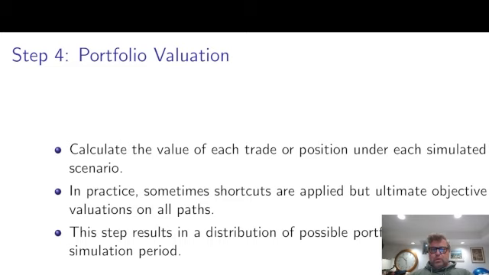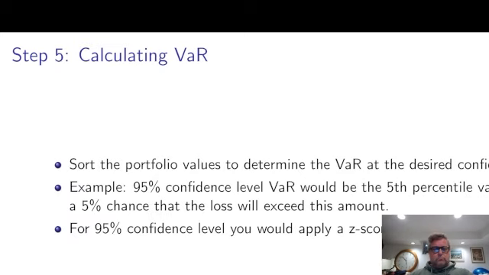So then the step basically where you put the portfolio valuation, you have a distribution because you have all these Monte Carlo simulation paths. You have a distribution of portfolio values at the end of the simulation period. And then when you have this distribution, now you can sort the values of your underlying trades or of your portfolio.